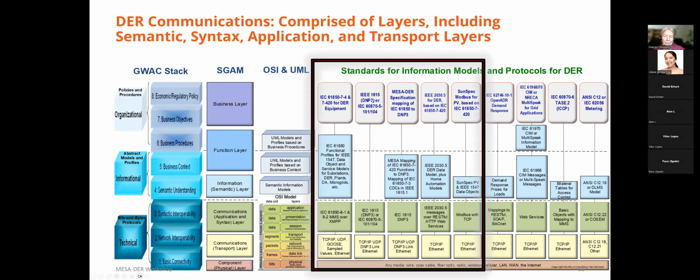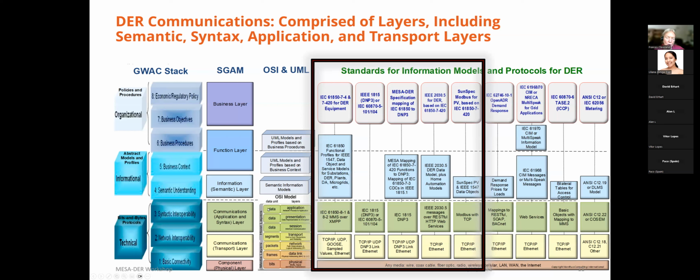It's the 61850, the DNP3 just by itself, the MESA-DER spec, which is now, I need to update this slide, which will be 1815.2. Then there's the IEEE 2030.5 and SunSpec Modbus.